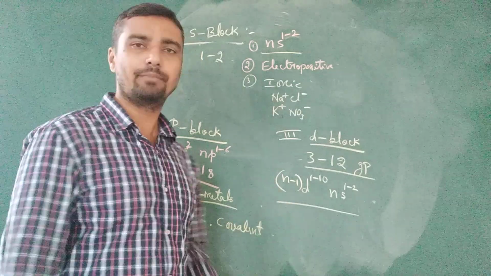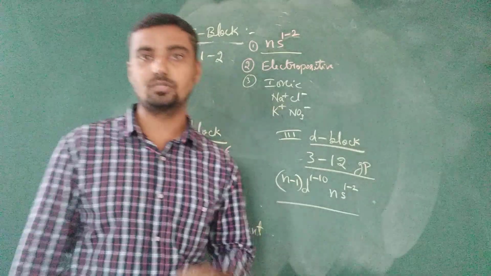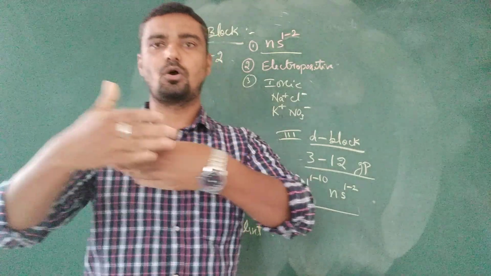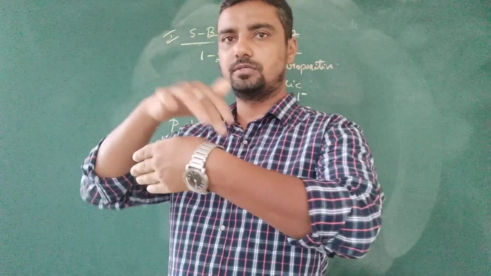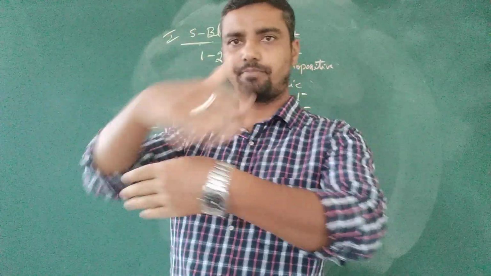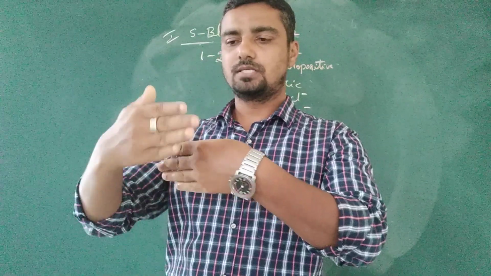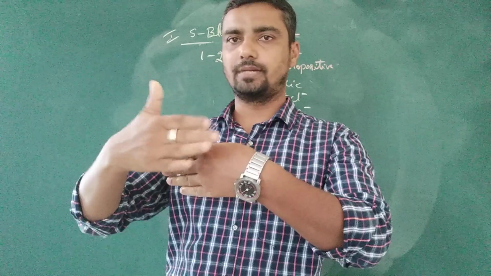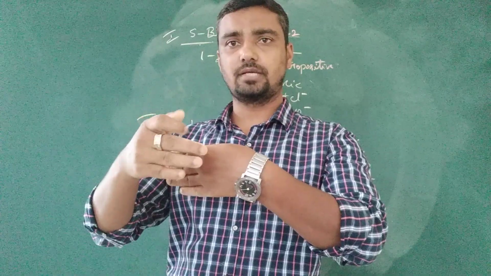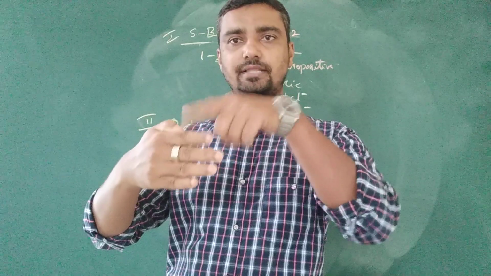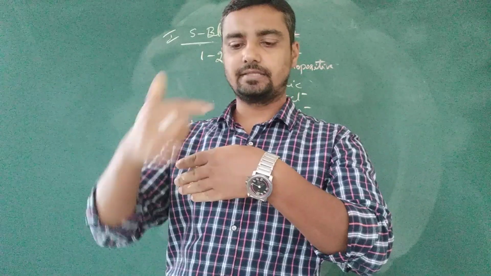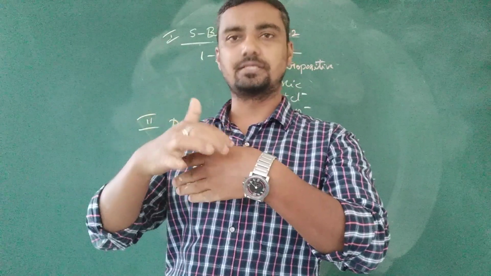Why did I write n minus 1? This will be very important. Just assume these are all orbitals, and this is the outermost orbital. But the last electron is not filled in the outermost orbital; it enters the inner shell.